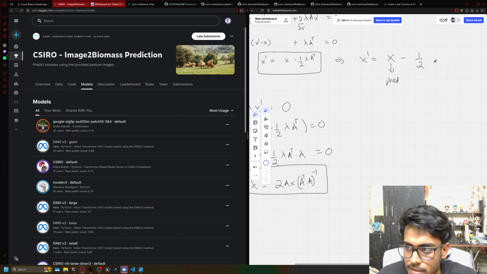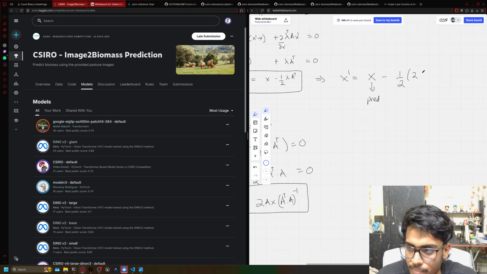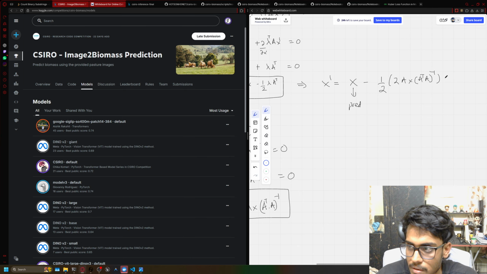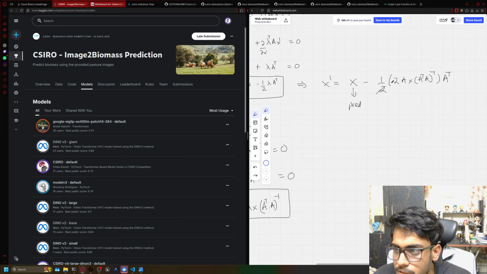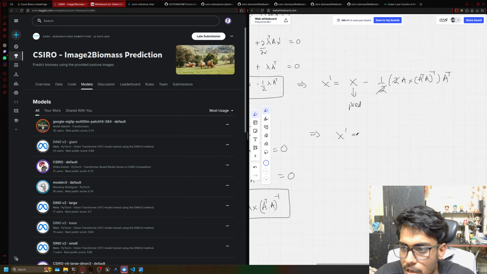My lambda is 2 times a x (a transpose a) inverse, times a transpose. Now 2 is a scalar, so it will get cancelled out. So finally my corrected model prediction will become x minus a x (a transpose a) inverse times a.